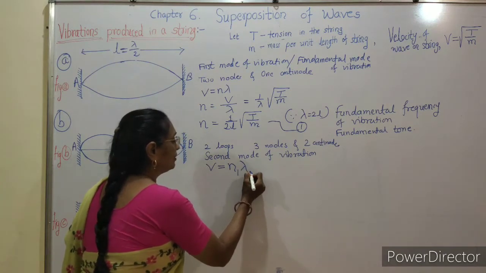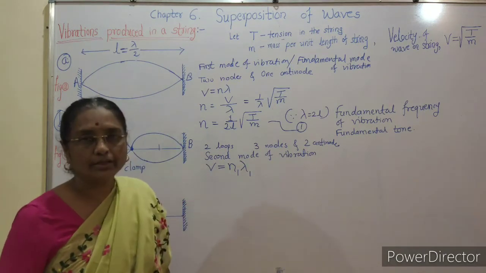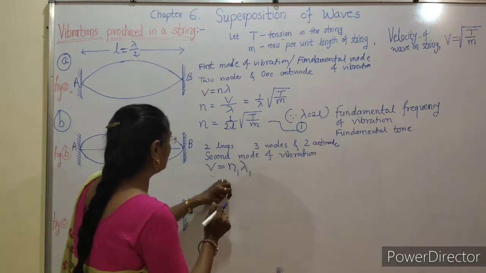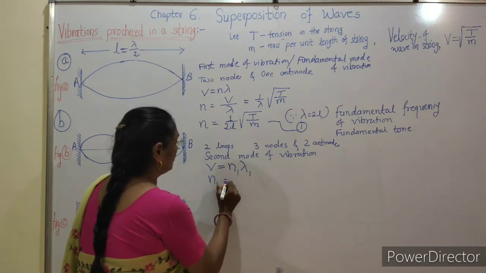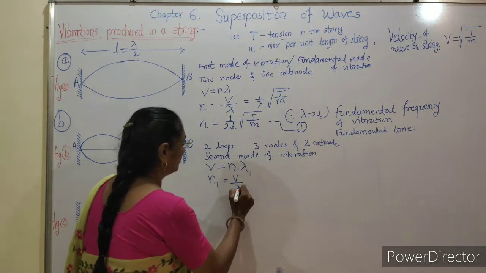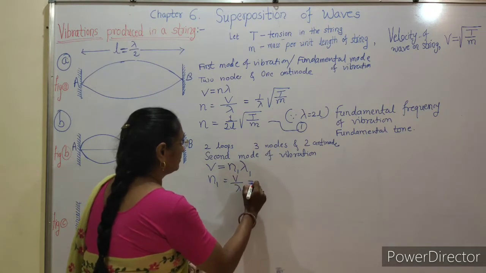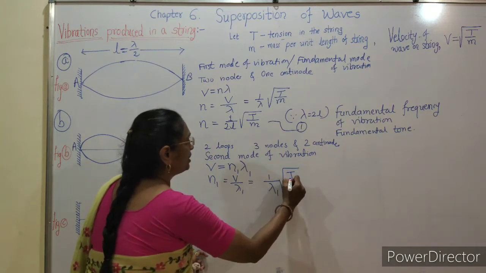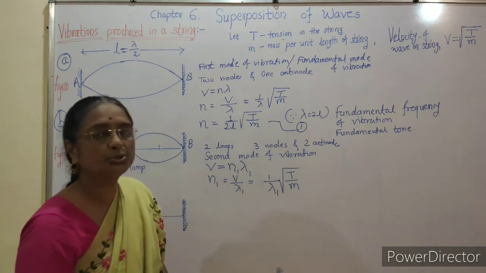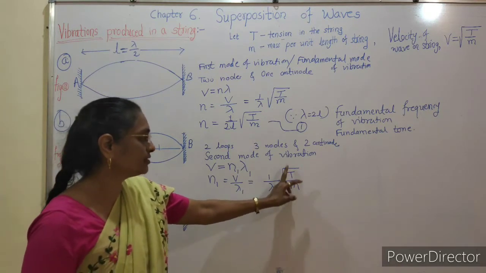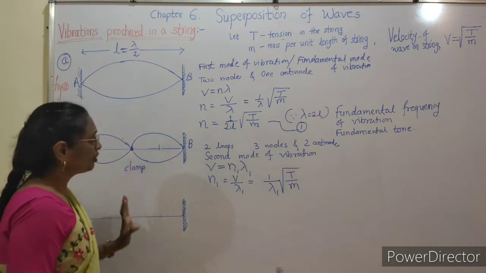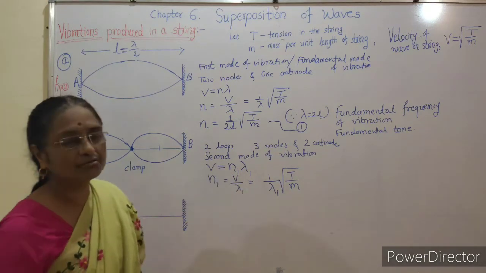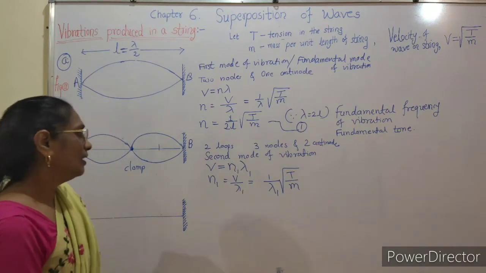Considering frequency as n1 and wavelength as lambda 1, we write V is equal to n1 lambda 1, so n1 is equal to V upon lambda 1, that is 1 upon lambda 1, substituting under root T upon m. We have to substitute velocity as under root T upon m every time, because for the string we have to give the frequency in terms of T, m and L.